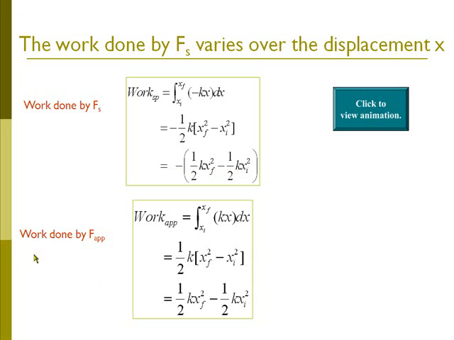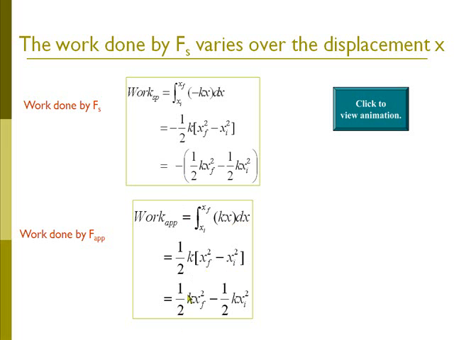If we now consider the work done by the applied force, we have the applied force kx along the direction of displacement dx, integrate the terms, and we see the work done by the applied force is just the opposite in sign as the work done by the spring force.